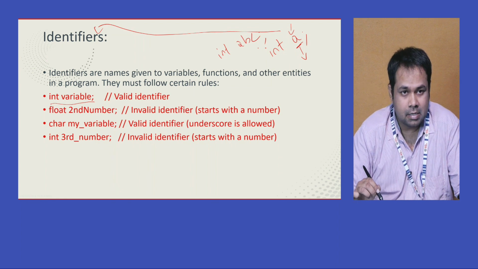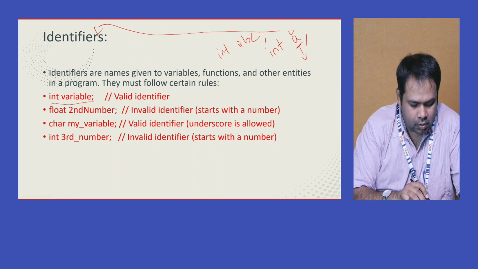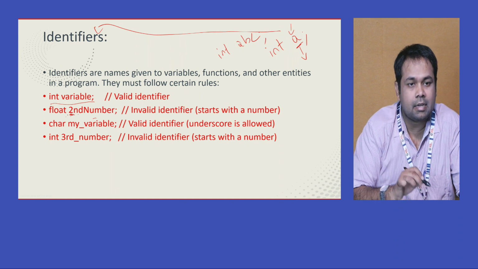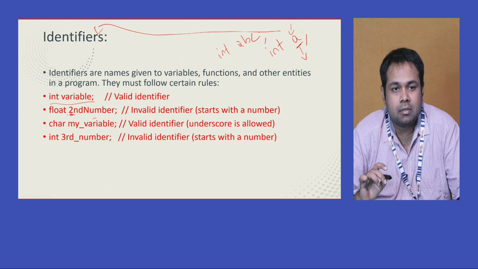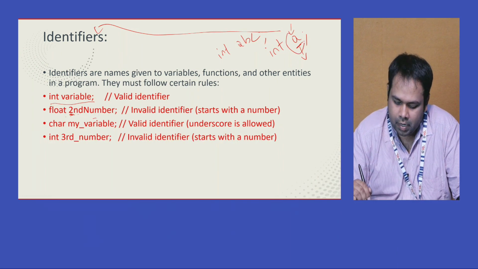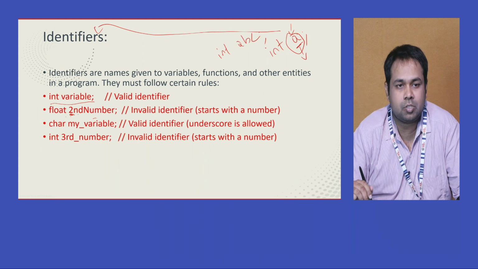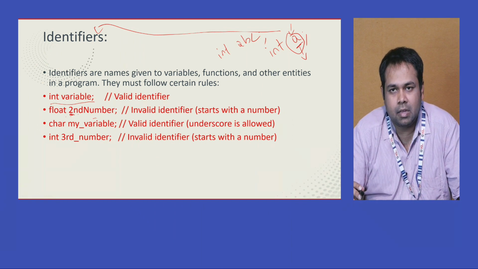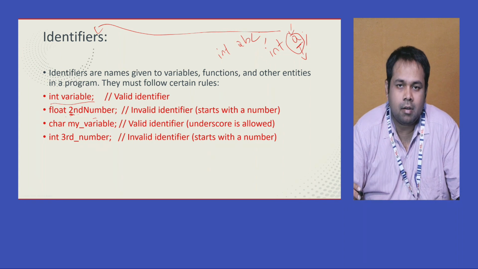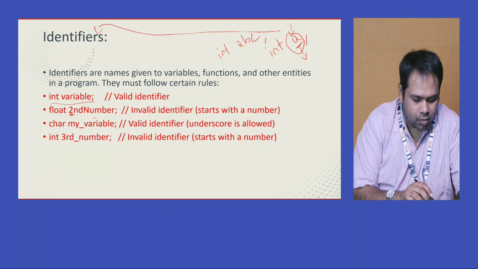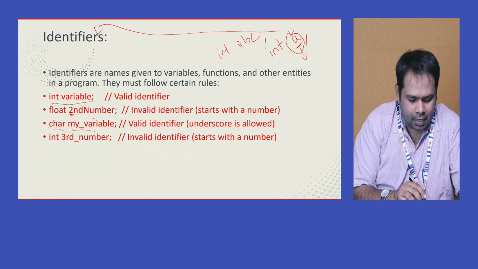But have a look at float second number. Just look at the first character here. The first character is an integer. Whenever you want to name something, that name should not start with an integer number. Instead, it should start with either a character or an underscore. And have a look at the third example given, my underscore variable.